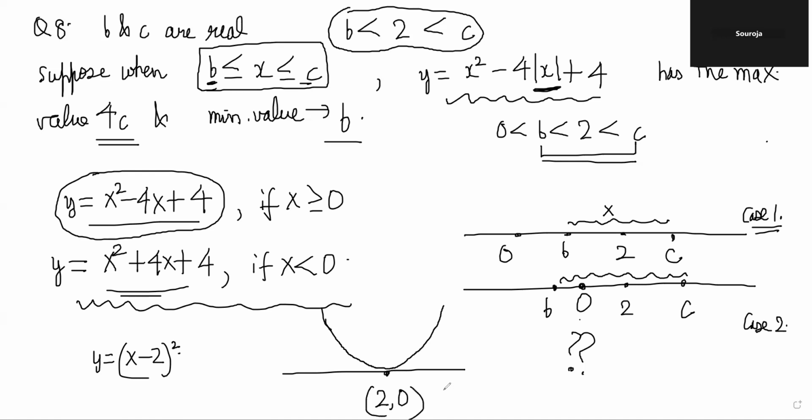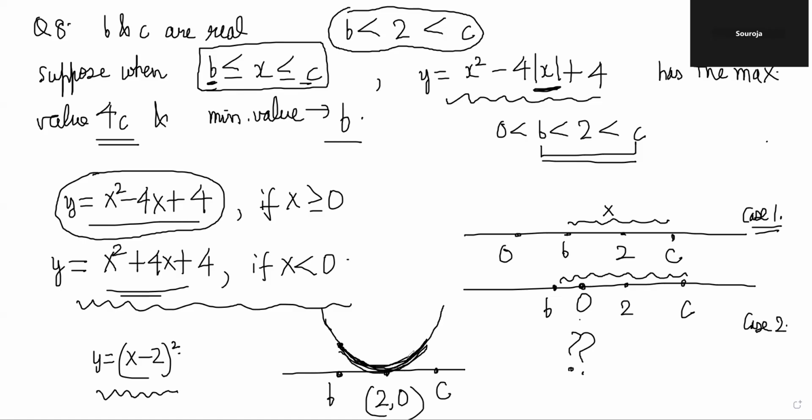Straightforward graph for this. And our b and c are somewhere here and here, right? So if our analysis has to be from b to c, it could be like this. Something like this is our portion where we have to discuss the maxima and minima.